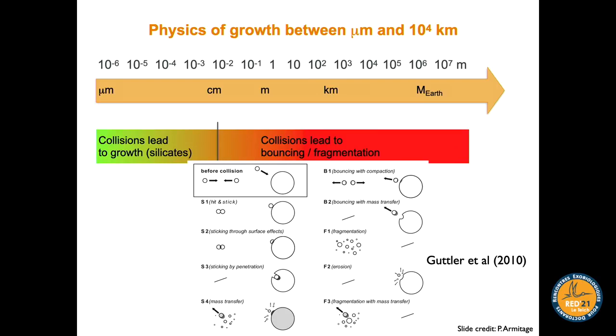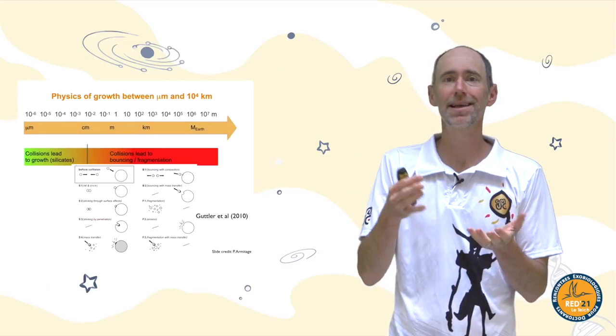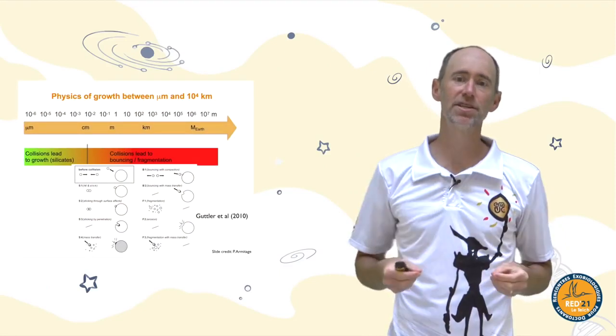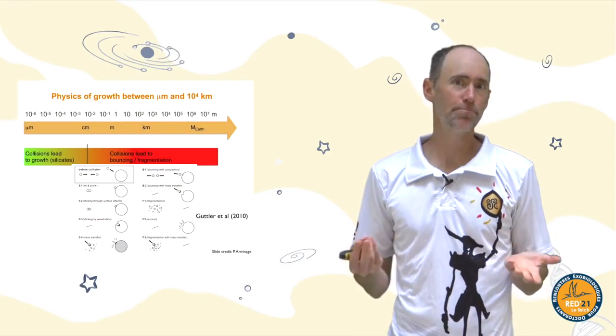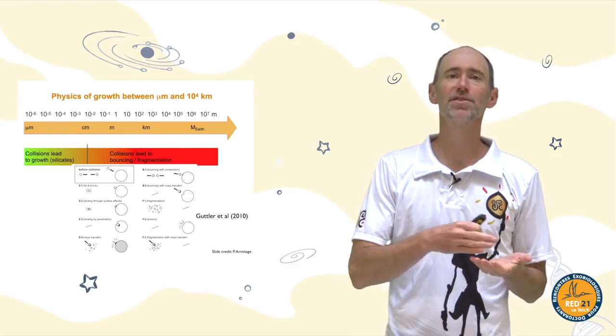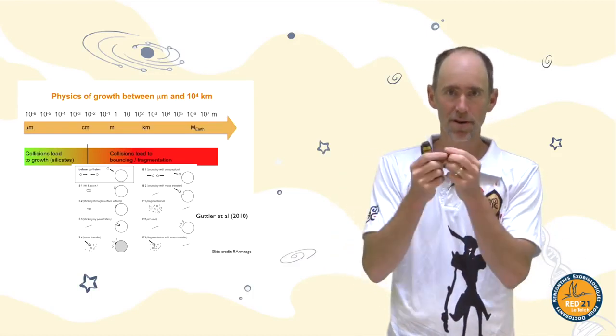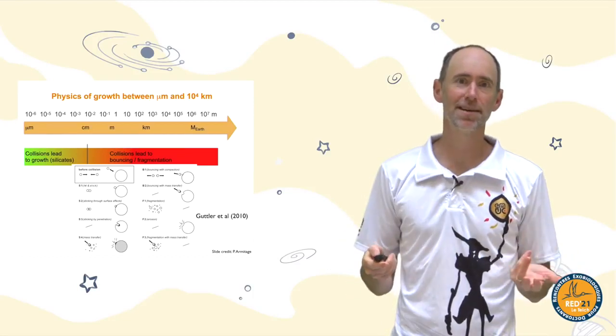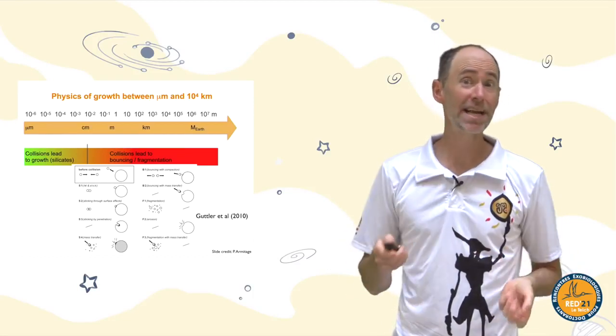There have been some really impressive, detailed laboratory measurements to show the different regimes of how dust sticks, when it sticks, what conditions are required, and exactly how large a body can grow by things bashing into each other. It's typically pebble size, centimeter-ish size or so, about as far as this process will go before rocks don't grow anymore. They just bounce off, or they even break into small pieces.